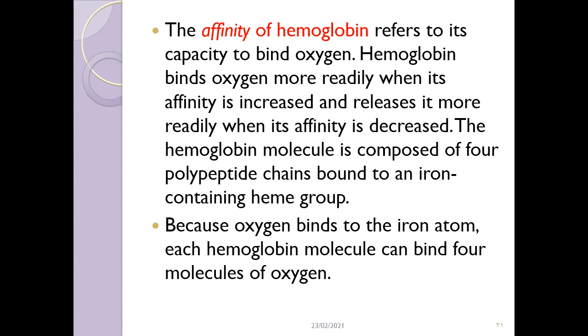I think it is clear, because the hemoglobin molecule contains 4 polypeptide chains bound to iron, so the oxygen will bind to the iron atoms as they are 4 in number. So a hemoglobin molecule can bind 4 molecules of oxygen.